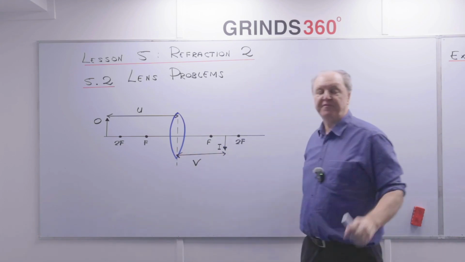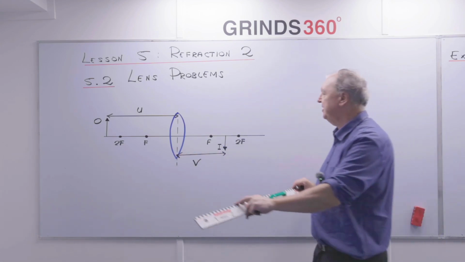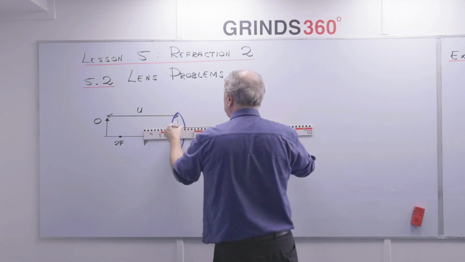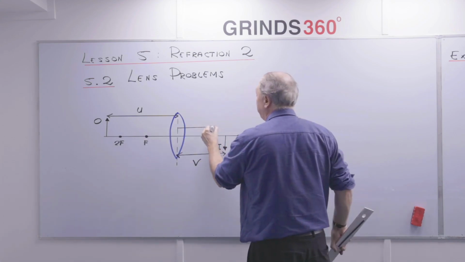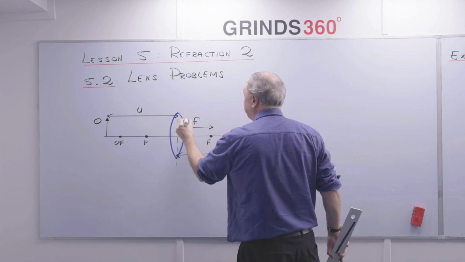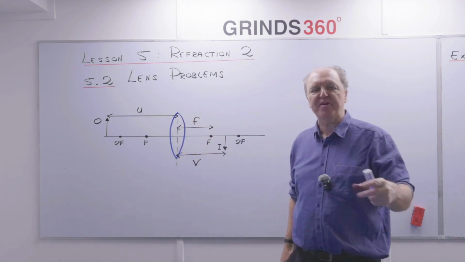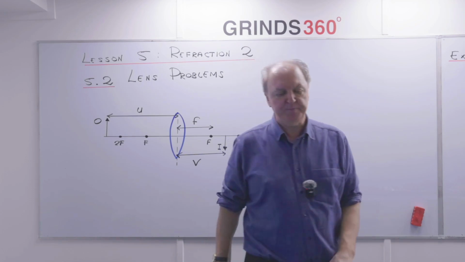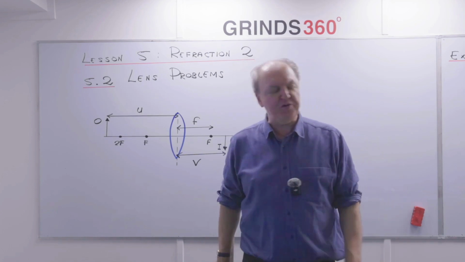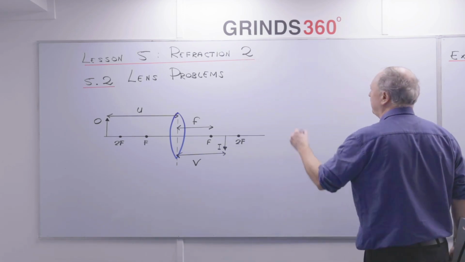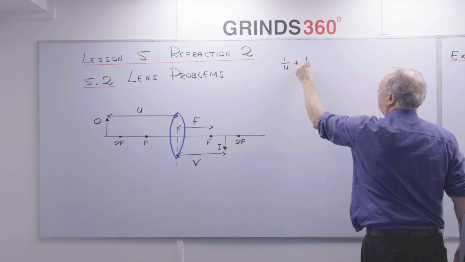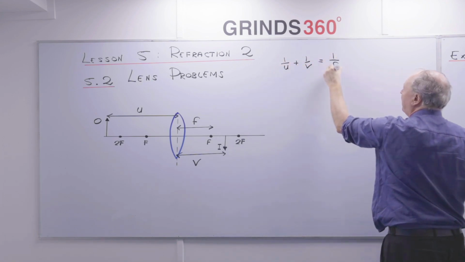And the distance of the focus, capital F, to the lens, we call the focal length, and we call that little f. They're the 3 letters we're going to be using, just like we did with mirrors: u, v, and f. The formula that brings them all together is the lens or mirror formula: 1 over u plus 1 over v equals 1 over f.